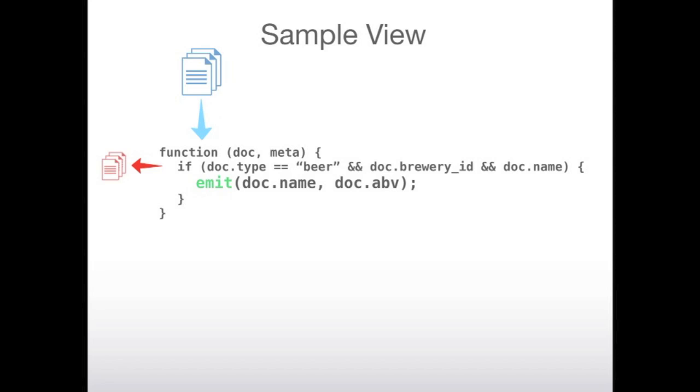If all these parameters match, it's going to go to the emit statement, and the emit statement has two parameters, the index key and the index value, and that's basically how the emit statement puts it into the index structure.